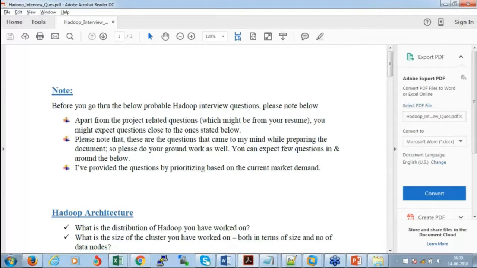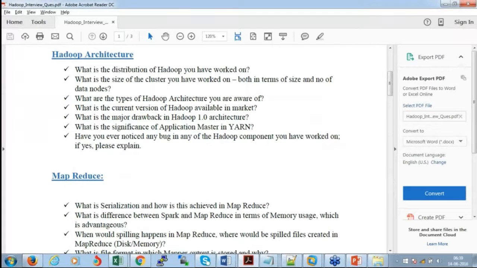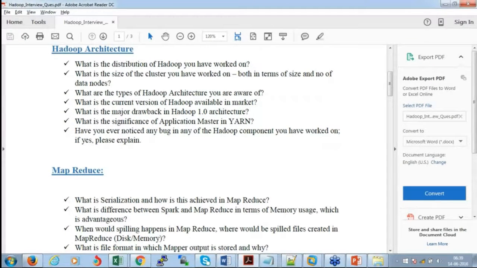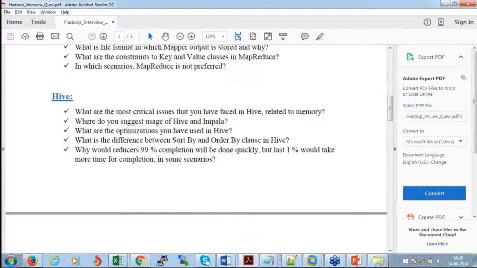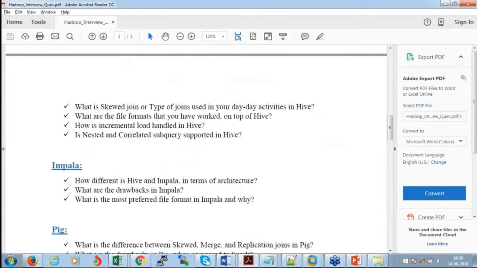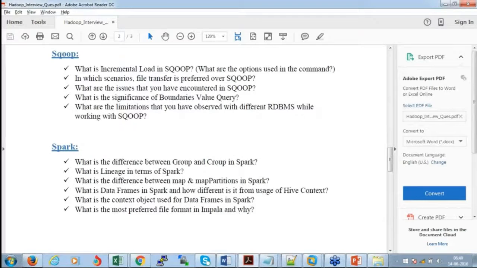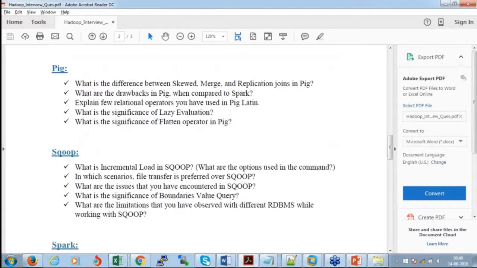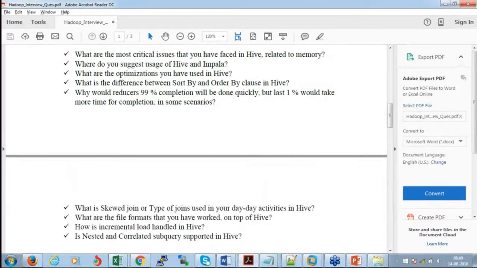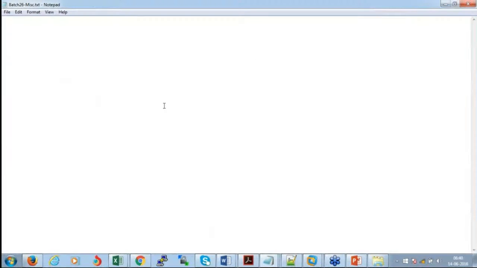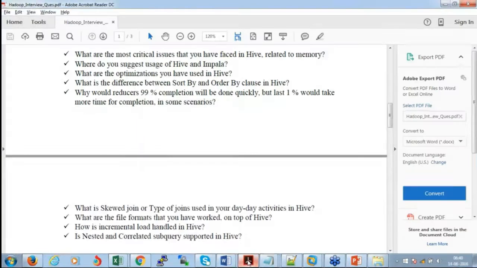After a couple of days, I will be sharing a PDF with you, which contains interview questions you can expect from each and every ecosystem component in Hadoop, or the architecture that we have. I'm not going to explicitly run you through this PDF.